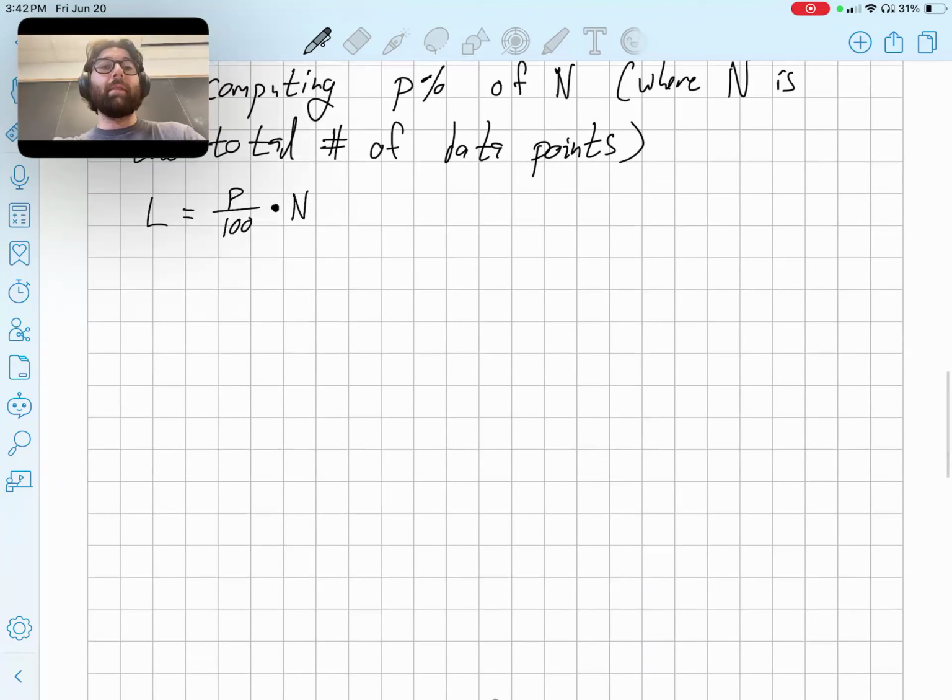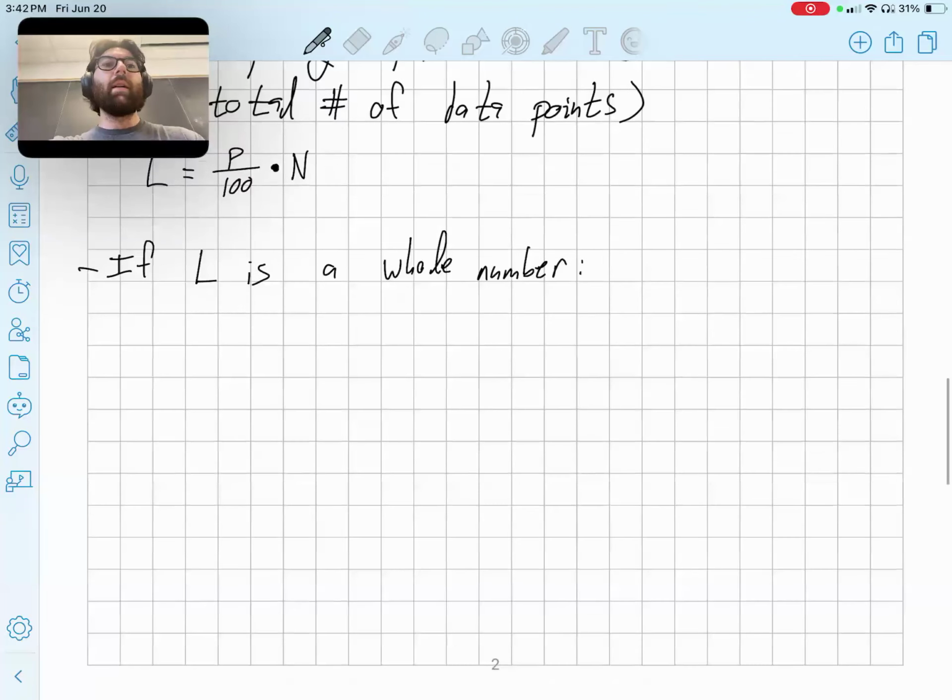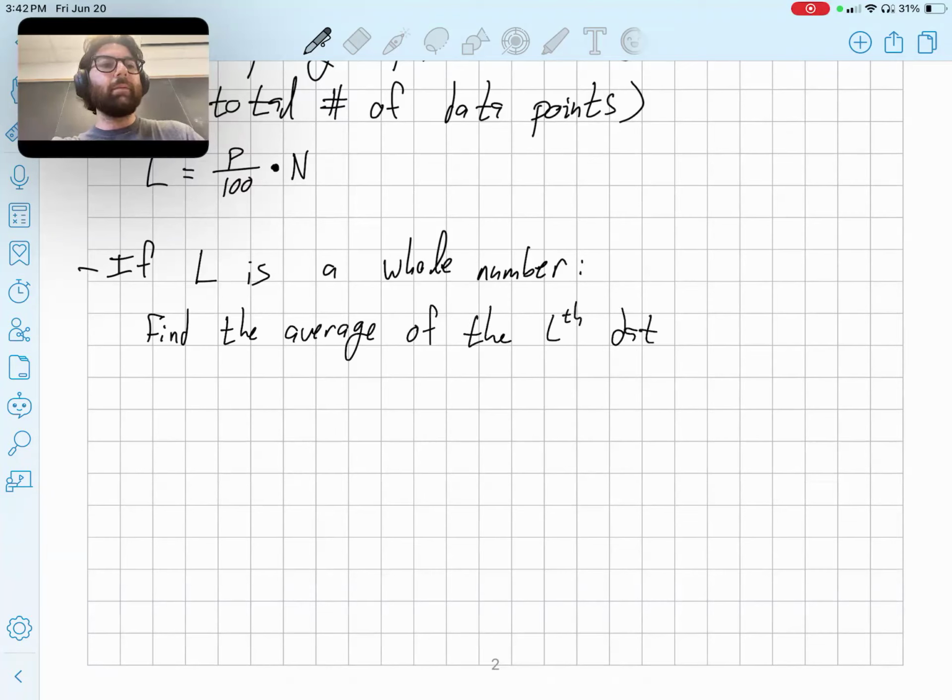If L is a whole number, then find the average of the Lth data point and the L plus first data point.